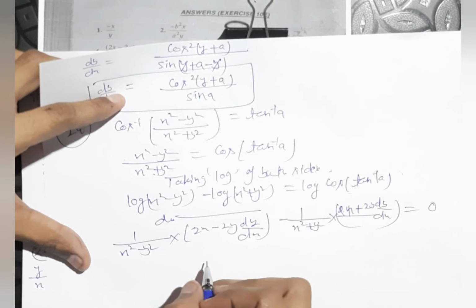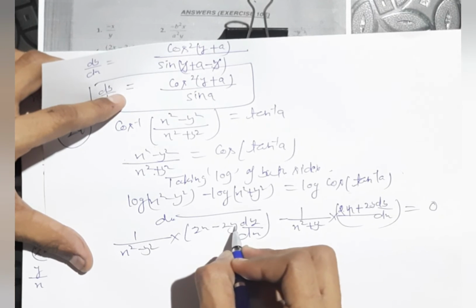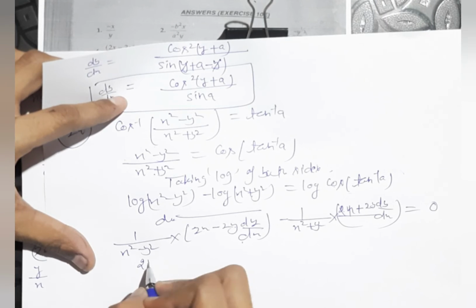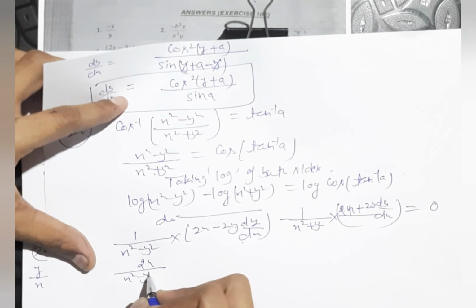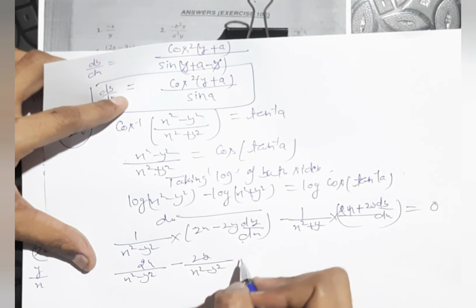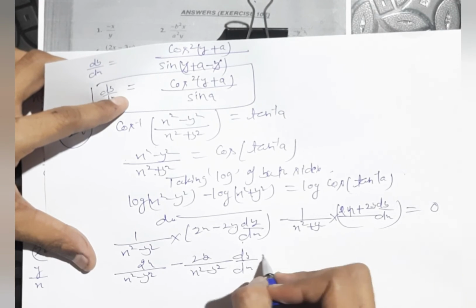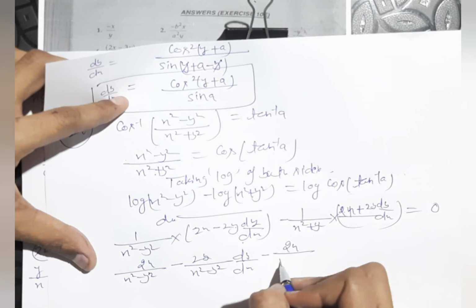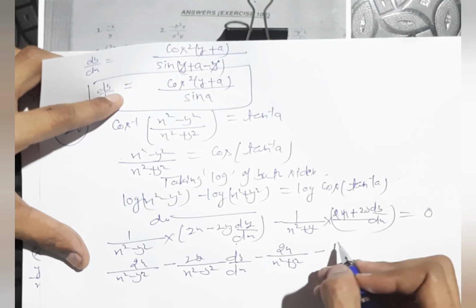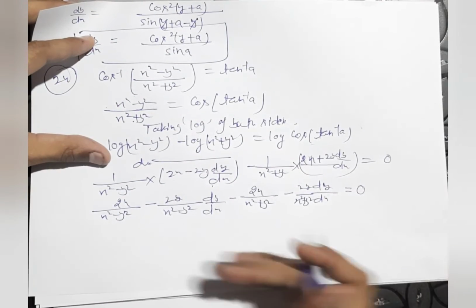So let me rearrange these terms. This is 2x minus 2y dy over dx, so let me multiply this term. Here 2x divided by x square minus y square minus 2y divided by x square minus y square times dy over dx minus 2x divided by x square plus y square and minus 2y divided by x square plus y square times dy over dx.